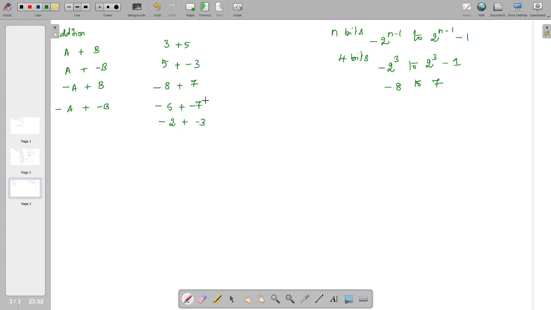So here are cases where we get values out of range. Since we are working with 4 bits, the minus 5 and minus 7 sum up to minus 12, whereas this minus 12 is not within the range of the numbers when 4-bit representation is used.